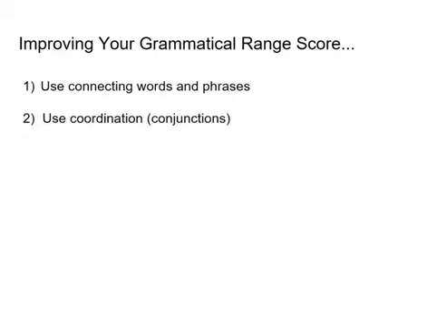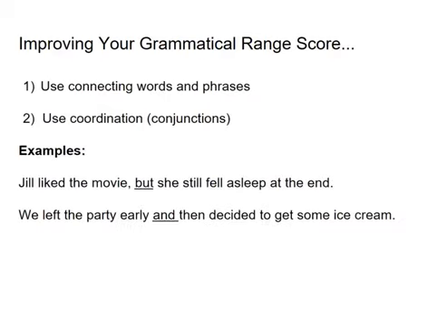All right. Number 2, use coordination. All right, coordination, this is something probably you've studied before. It's something even beginner English students study, but it's something that can be difficult to use, especially when you're trying to speak fluently on something like the IELTS interview. Remember to use and to think about how you can use coordination.